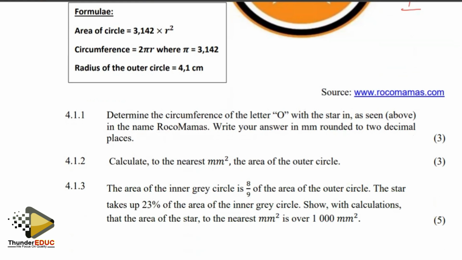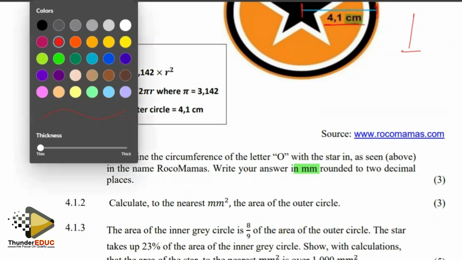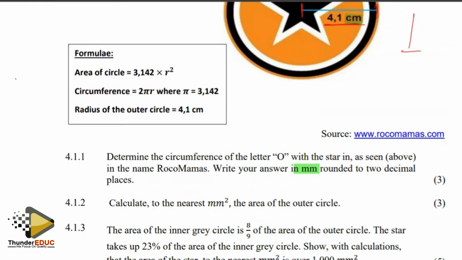I want you to understand this. In millimeters. When you check very well, the radius given to you is in centimeters. This has to ring a bell, that these centimeters have to become millimeters.